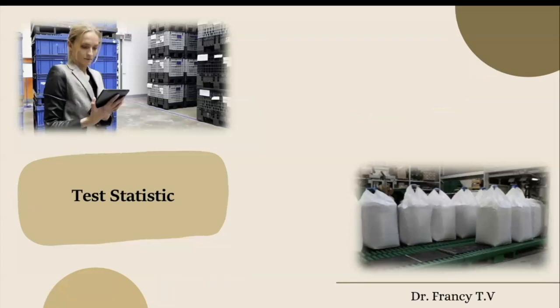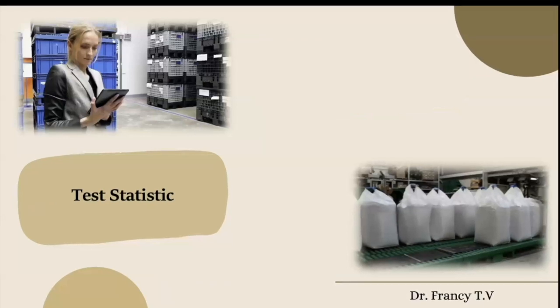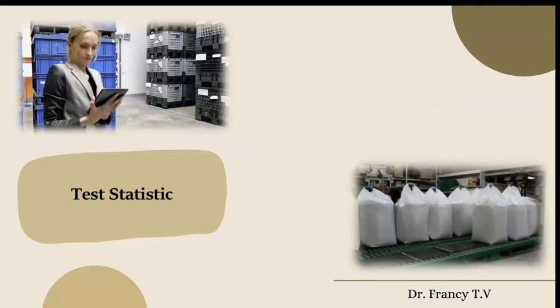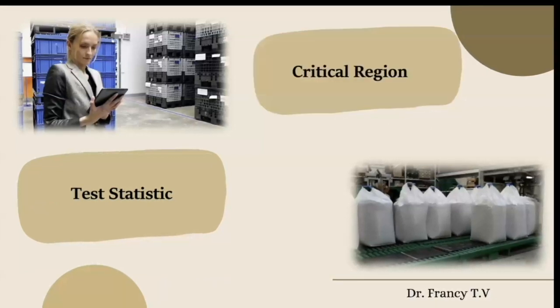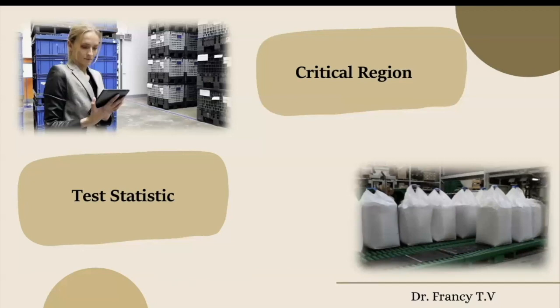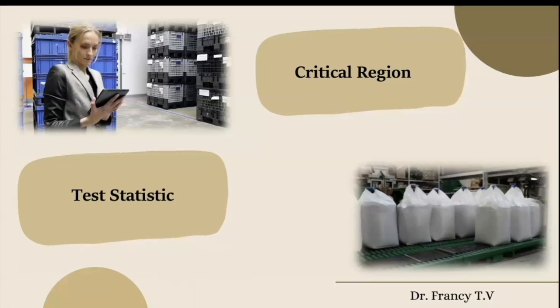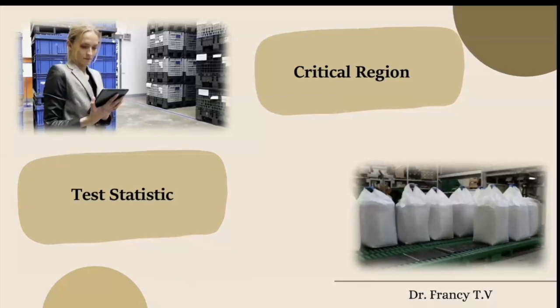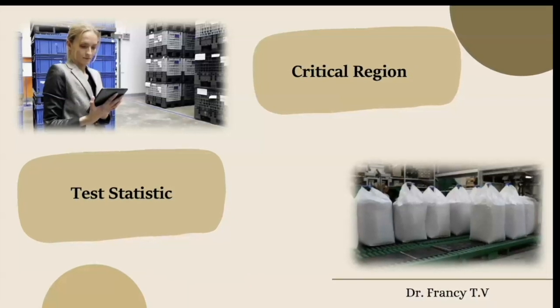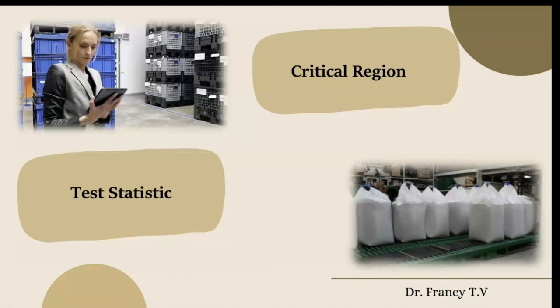Using the sampling distribution of the test statistic, the range of variation of the test statistic can be divided into two: critical region or rejection region, and region of non-rejection. If the value of the test statistic calculated from the sample falls into the critical region, you reject the null hypothesis. Otherwise, you do not reject it.